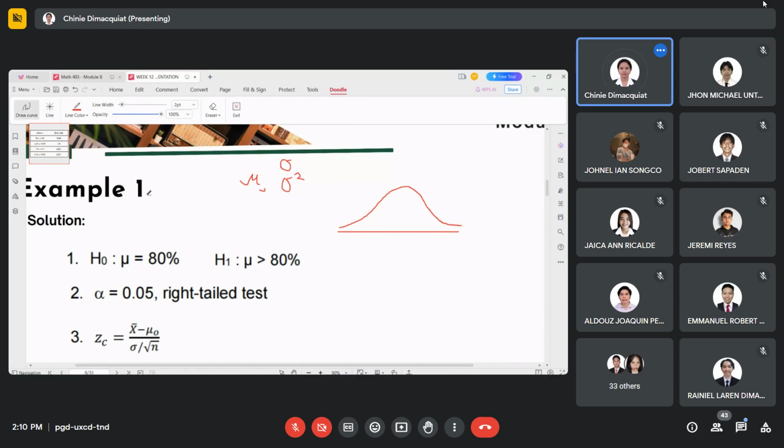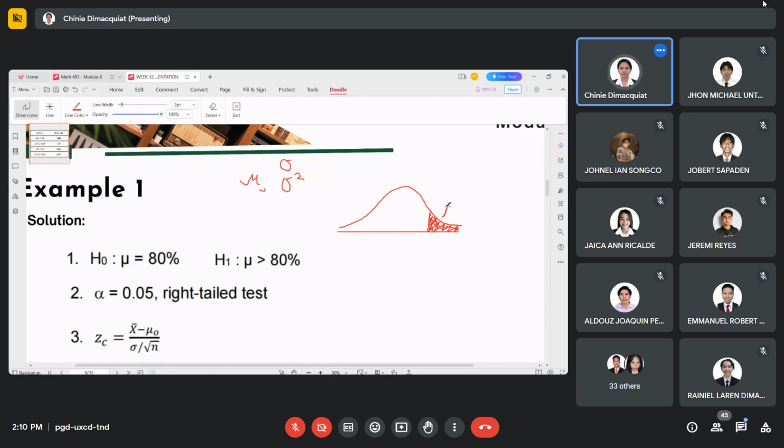Since right-tailed test, nasa kanan yung ating rejection region. Balikan natin yung ating significance level, 0.05 or 5%.